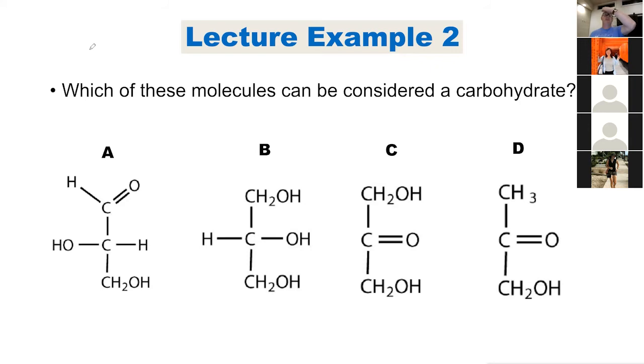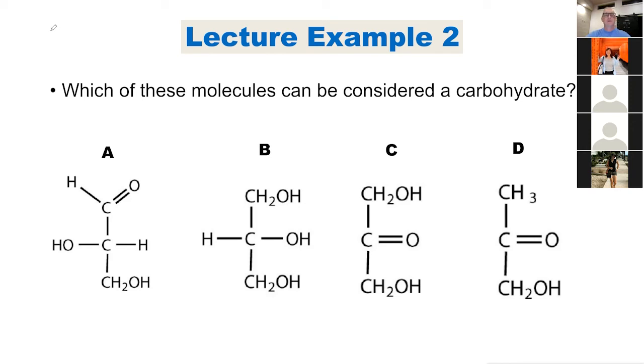So hopefully you remember the rules about what can be considered a carbohydrate. You think you do? Let's see. So A, is that a carbohydrate? What 2 things do you need to be a carbohydrate? Actually, it's 3 things you need to be a carbohydrate. Aldehyde, ketone, and... Right. You have to have an aldehyde or a ketone.